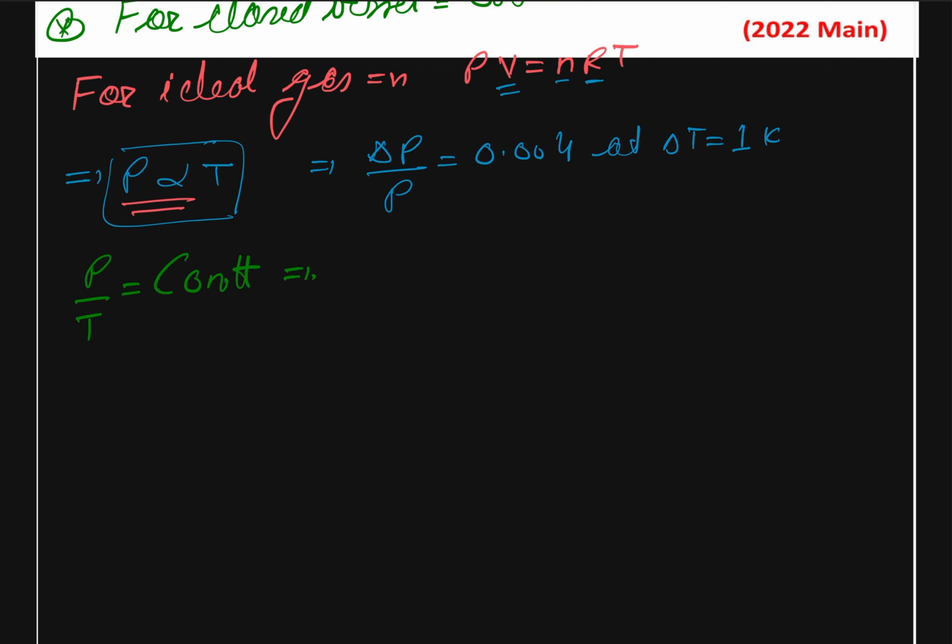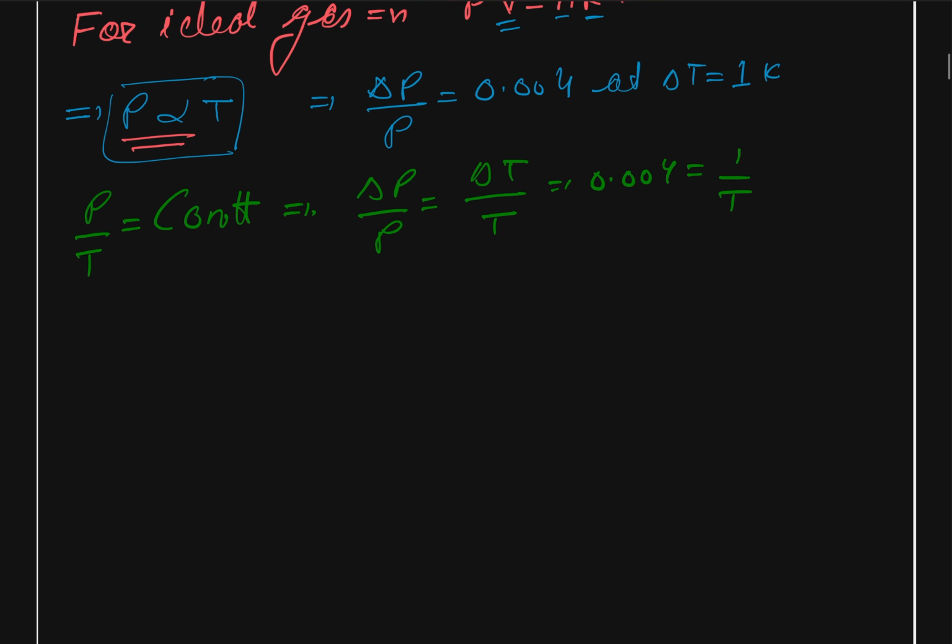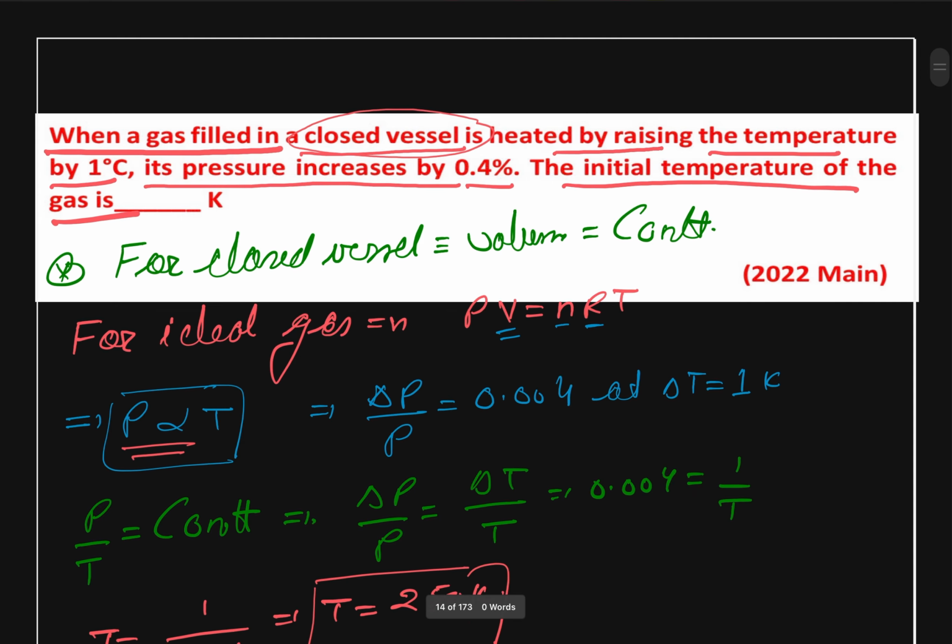We can also say that delta P upon P will be equal to delta T upon T. Delta P upon P is 0.004 and delta T is 1, so this comes as 1 upon T. Therefore T is equal to 1 upon 0.004, which gives T equal to 250 Kelvin. The initial temperature is 250.